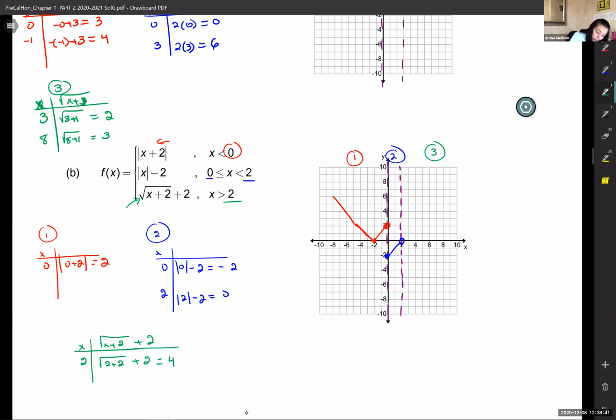So when x equals 2, y equals 4, open circle. And this one, you have to give it some, you know, a curve. So again, let's plug in a number that would give me a perfect square underneath. This time, I would plug in 7. So that would be 3 plus 2, 5. And that's how that looks, right?